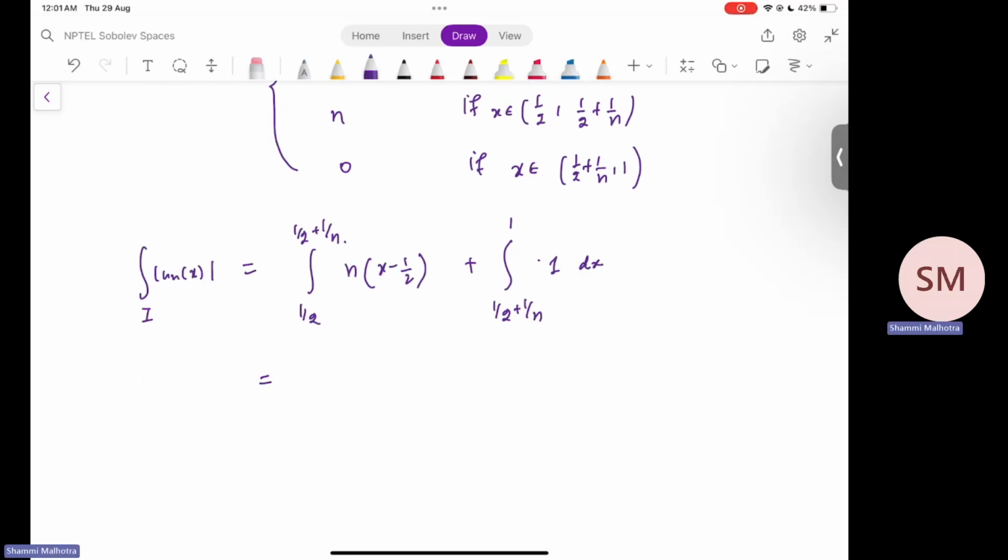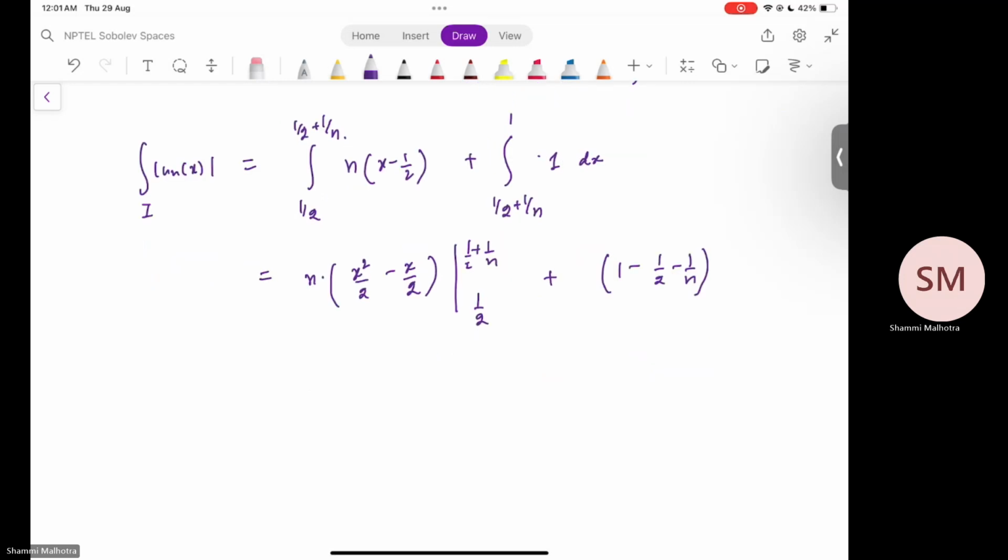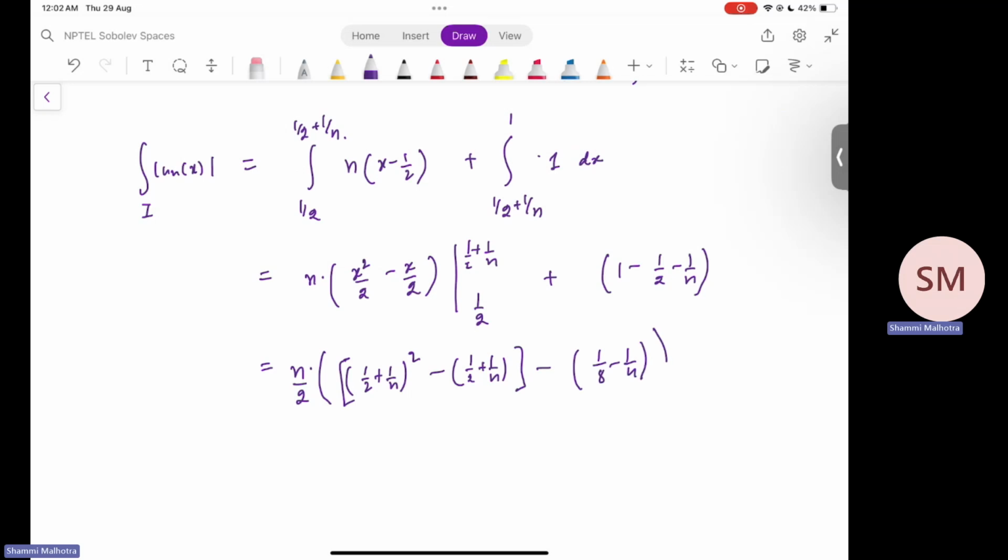So this gives you n times (x squared by 2 minus x by 2), evaluated from 1/2 to 1/2 plus 1/n, plus 1 minus 1/2 minus 1/n. Ultimately this thing is finite only.